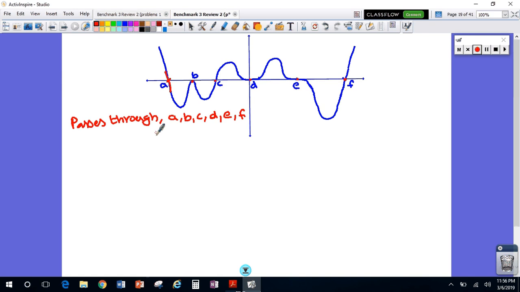So when it goes through, we write the factor as x minus a.